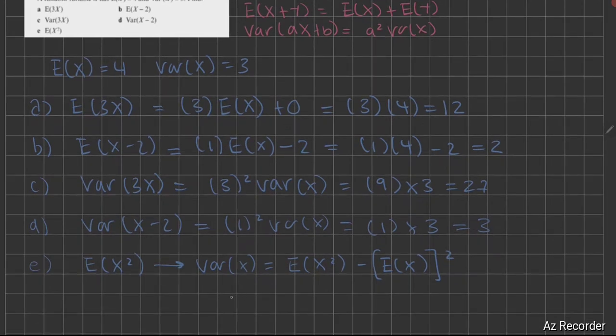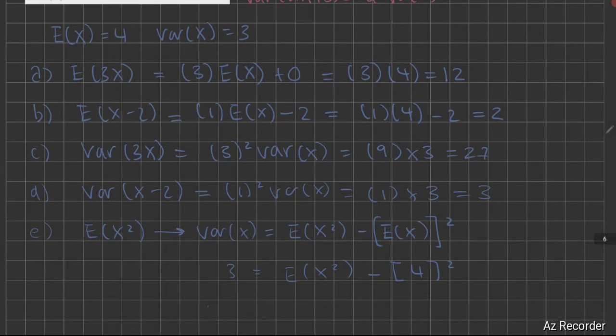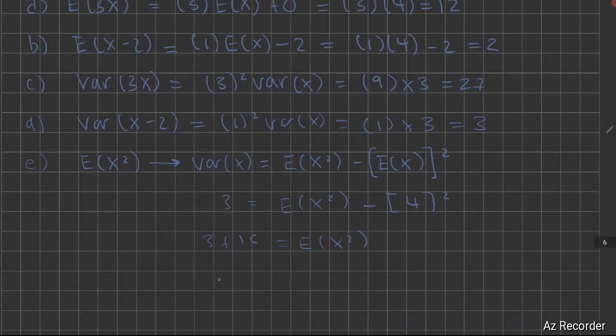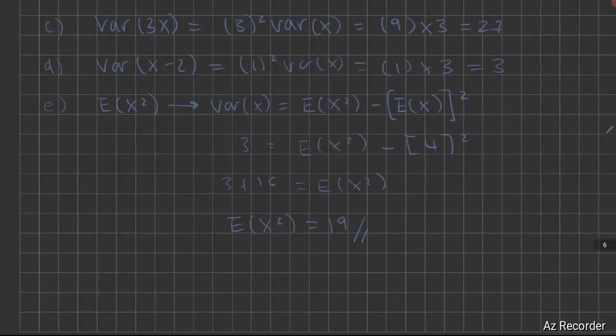So we've been given the variance, which is 3, which is equal to E of x squared minus 16. So 3 add 16 is equal to E of x squared. So E of x squared is equal to 19. And this is how we solve a problem like this.